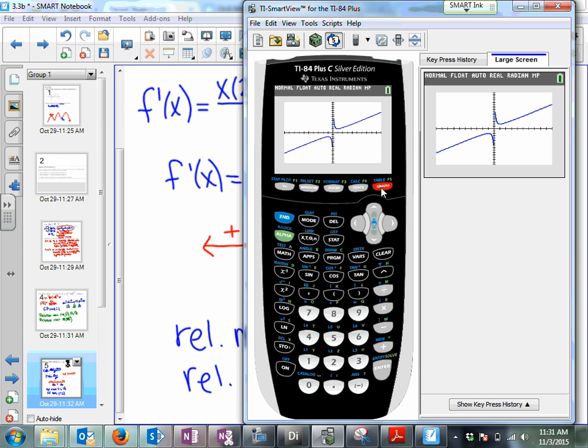Here's our maximum at -1, -2 because we're switching from increasing to decreasing. Here's our relative minimum at 1, 2 because we're switching from decreasing to increasing. Isn't it cool how much we can tell about a graph without actually graphing it? I think it's quite fabulous.